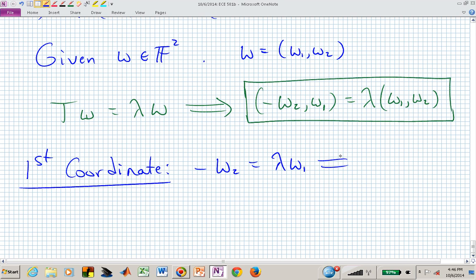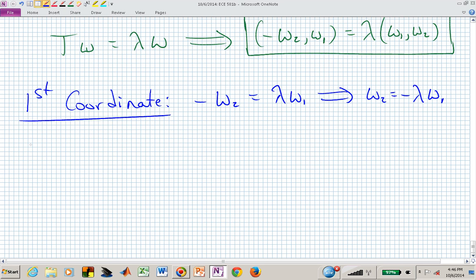Or maybe we want w2 to be some scalar multiple of w1, so let's multiply both sides through by negative 1, so that w2 is minus lambda w1. That's what we obtain from the first coordinate equality or relationship.